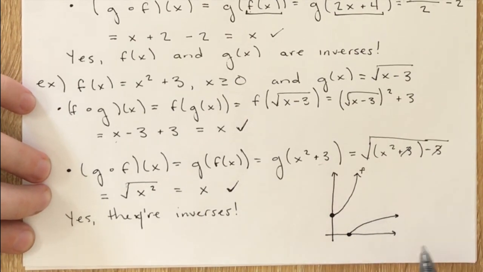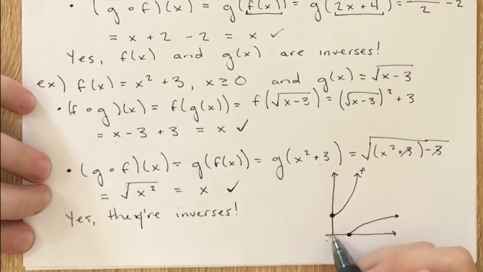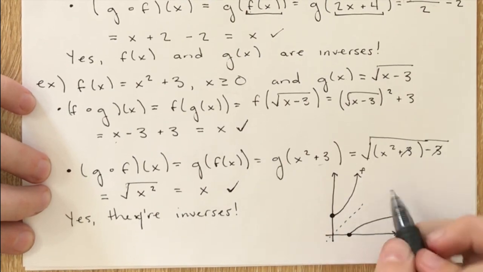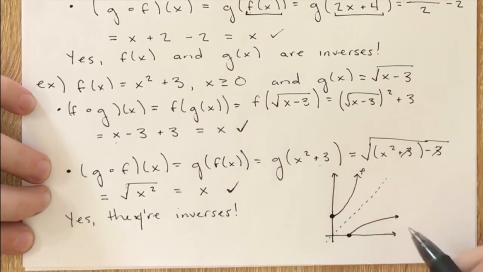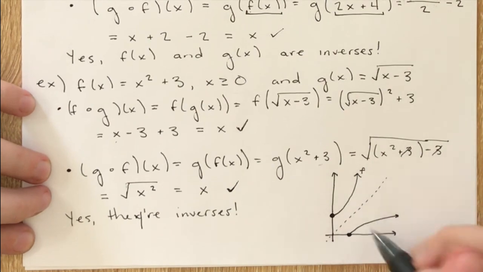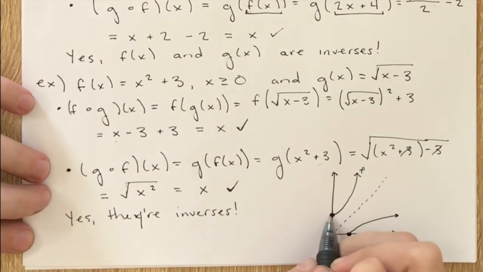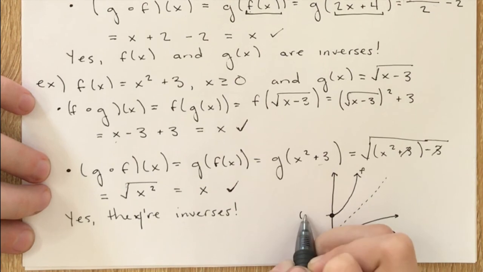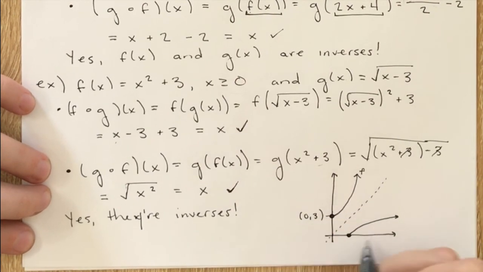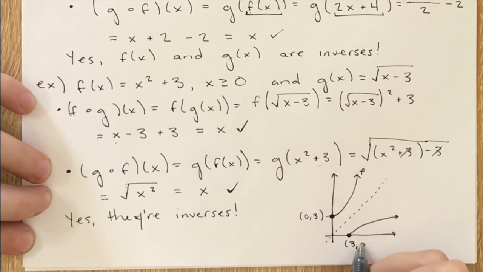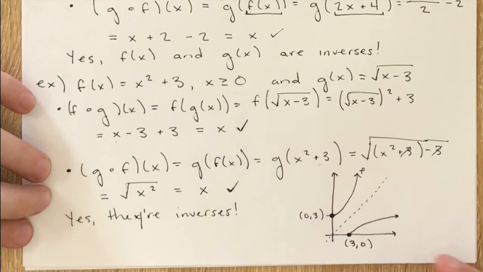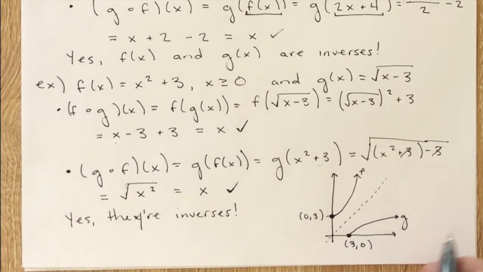And remember, our graphical definition of inverses was that they were flipped over the line y equals x. Do these guys look like they've been flipped over the line y equals x? They totally do, so these are great. Right, this is the point 0, 3, and this is the point 3, 0. We've swapped x and y, so this is correct.